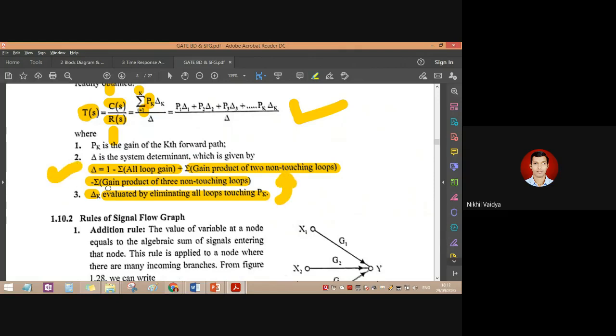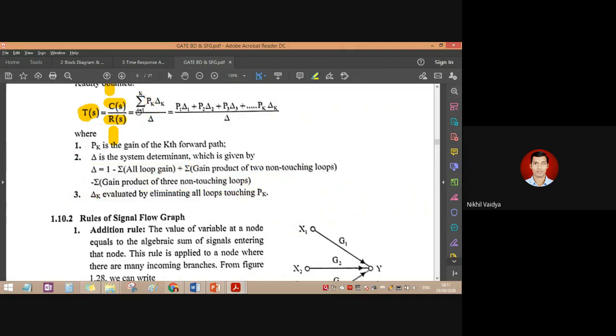And when we put that particular loop gain value in this delta as 0, we will get delta 1, delta 2, delta 3, up to delta K. So this is nothing but Mason's gain formula. So what is Mason's gain formula?